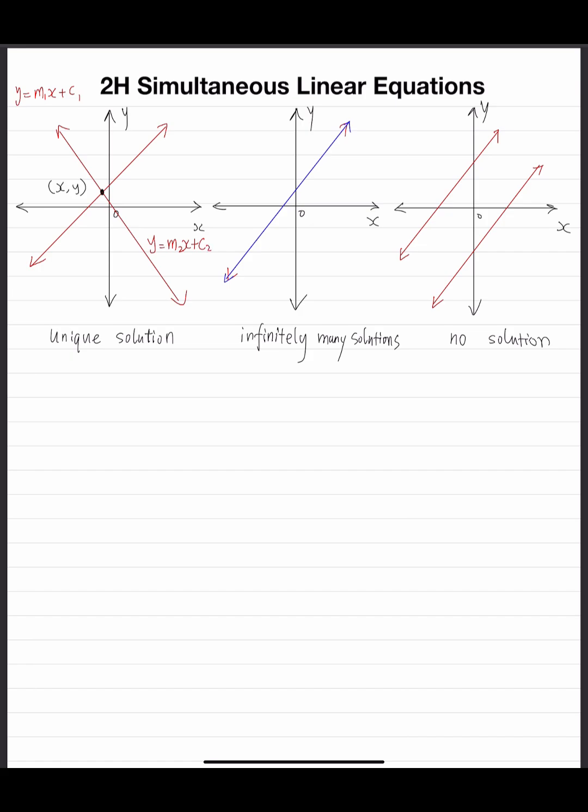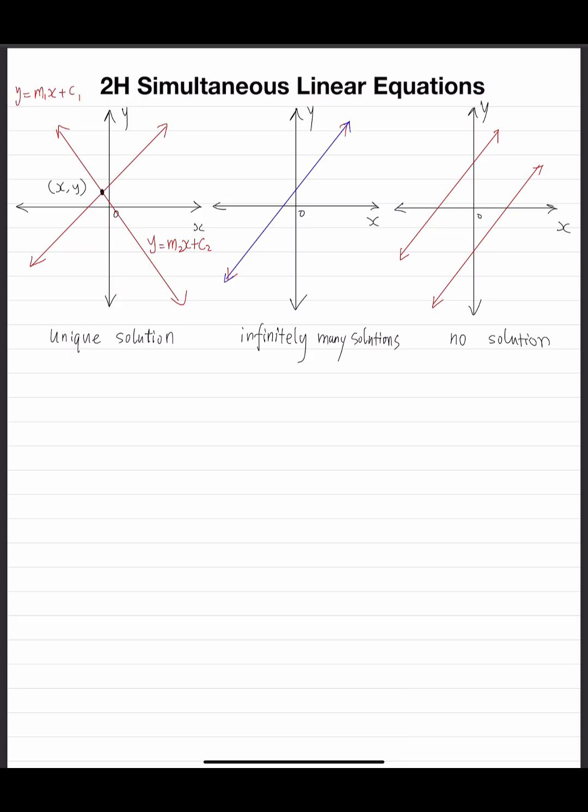In order to have a unique solution, based on the previous knowledge that we know, as long as the two straight lines do not have an equal gradient, they will eventually intersect. And when they intersect, the intersection point is going to be the solution that satisfies both equations.